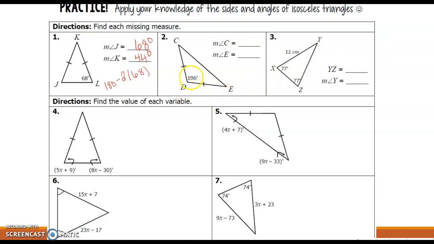Number 2, if this angle is 106 and these 2 sides are congruent, that means this angle and this angle are going to be congruent because they're opposite the corresponding sides, the congruent sides. If that's the case, then we have to say 180 minus 106. Find out what that is. And then we divide that in half.